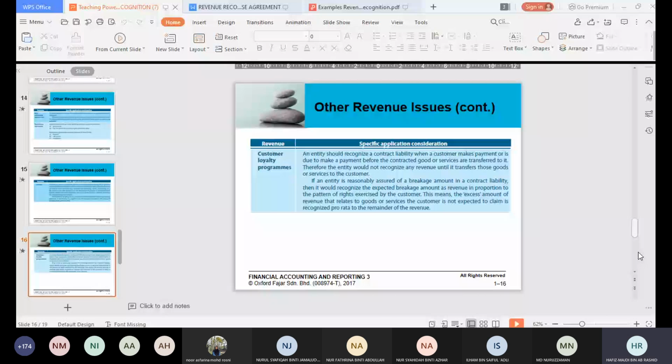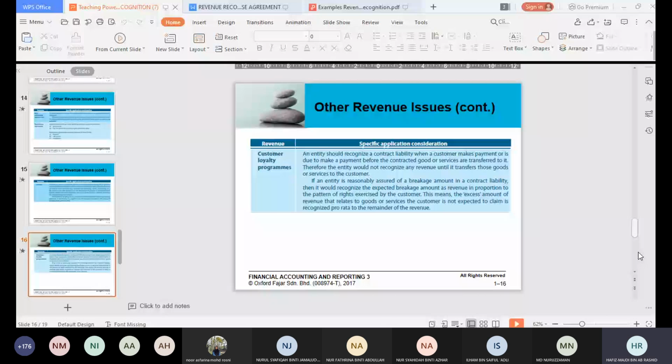When you purchase a certain amount of goods, you will get a point. And for all the points which you have accumulated, for example, each point will entitle you to 1 ringgit discount. That means when you do future purchases, you can get a discount from the points which you have collected.